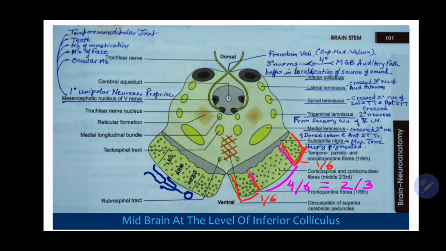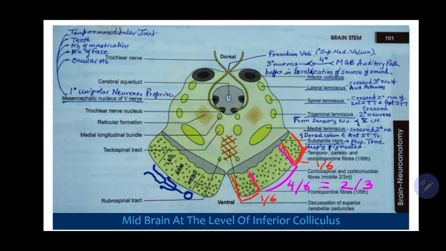And finally from the muscles of the tongue, innervated by the hypoglossal nerve. So these proprioceptive sensations from all the muscles innervated by cranial nerves are brought in here to the mesencephalic nucleus of the trigeminal nerve.